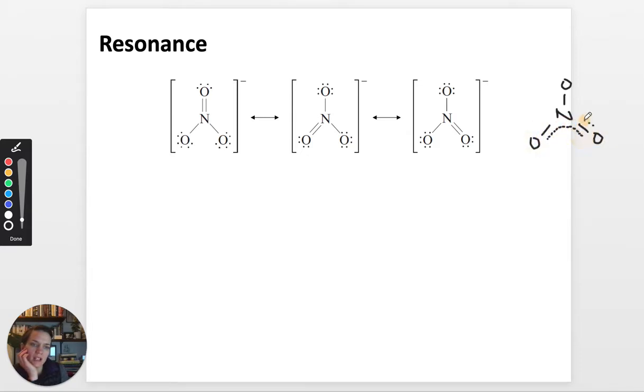This would be like equal electron sharing, so each one of these bonds has some double bond character. Now you don't need to know this. What you do need to know is that resonance is possible, and there are multiple ways to draw a species. The reason is that electrons aren't fixed things. So in organic chemistry, we're always drawing the movement of electrons.